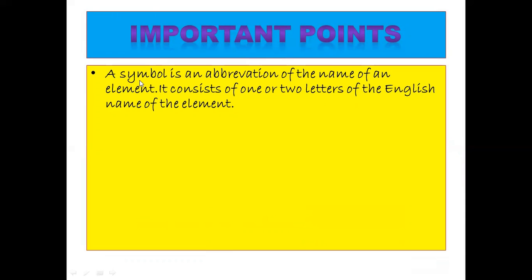An element may also derive the symbol from the Latin name of that particular element. For example, the symbol of aluminium is Al, right? Now here, my dear students, you can see that this Al is the first two letters.